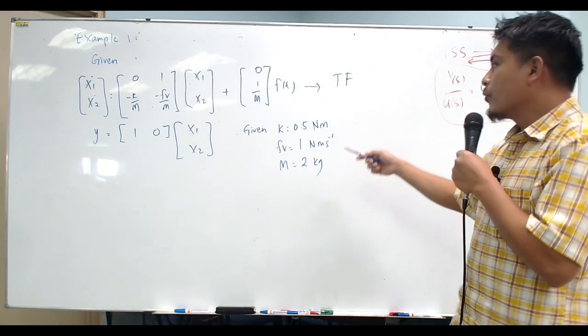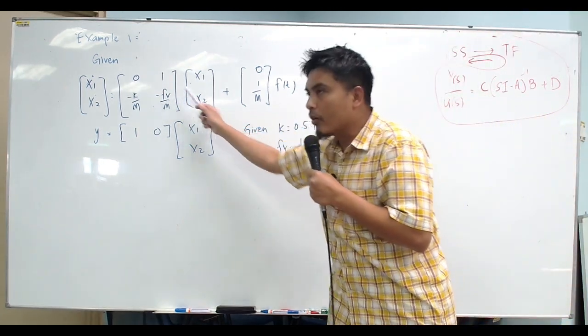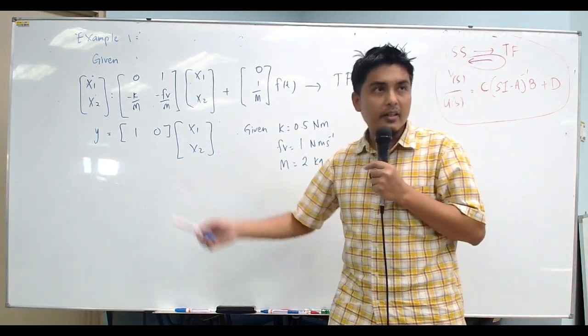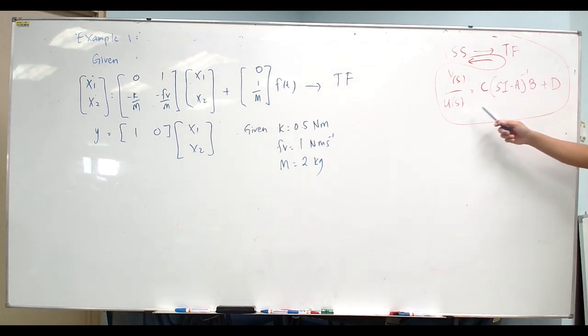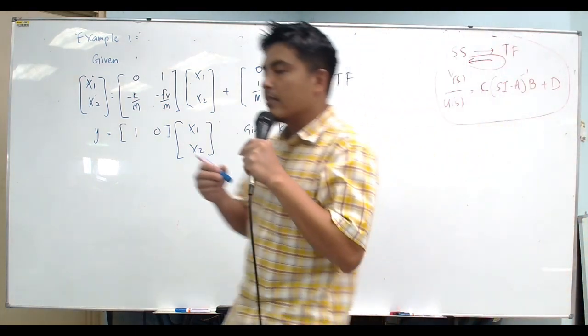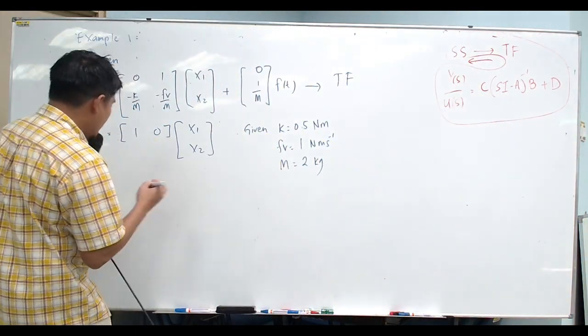So what you need to do, you need to substitute all the values inside this thing. And in order to use this formula, you must know what is your A matrix, B matrix, C matrix, and D matrix. So in this case, we just simplify here.